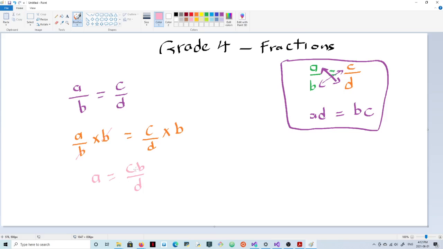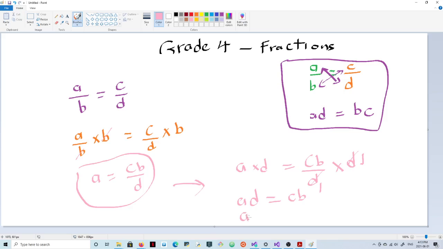Now if I multiply both sides of this here by D, because I don't want a D, I'm trying to linearize this equation here now. So what will I have? The next step, this will give us A multiplied by D is equal to CB upon D multiplied by D. This D and this D cancels out. So you have AD is equals to CB, which is the same as saying AD is equals to BC, right?